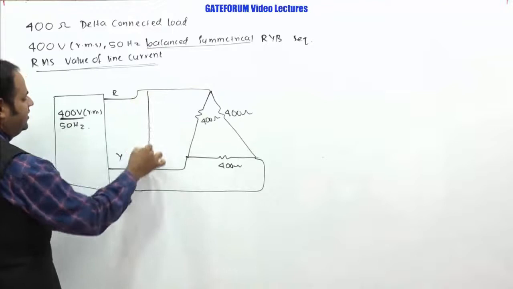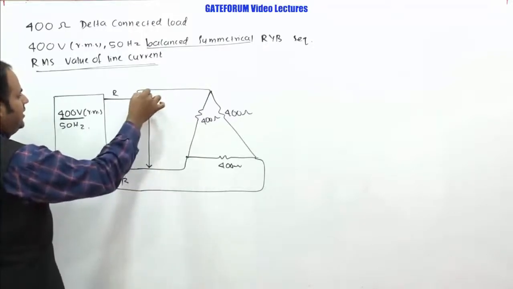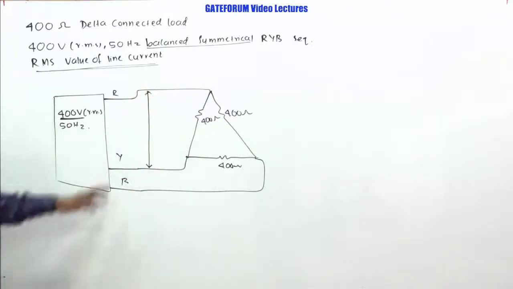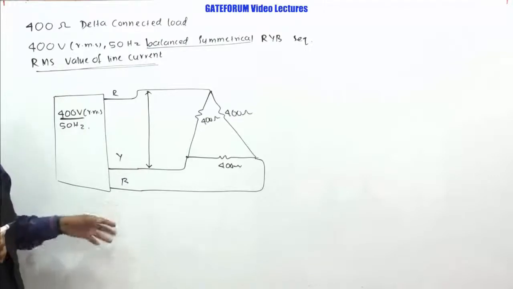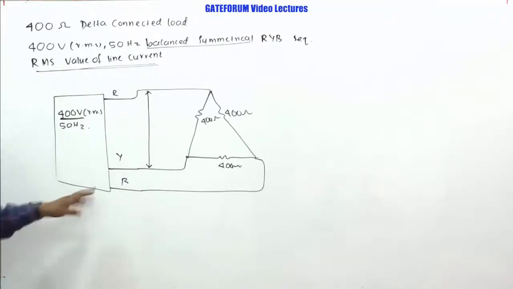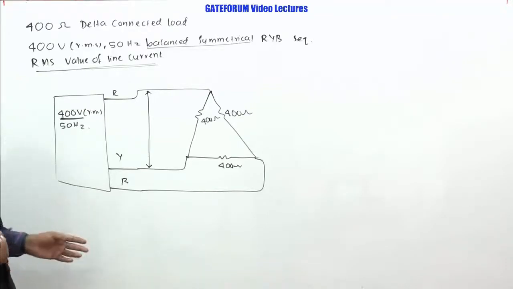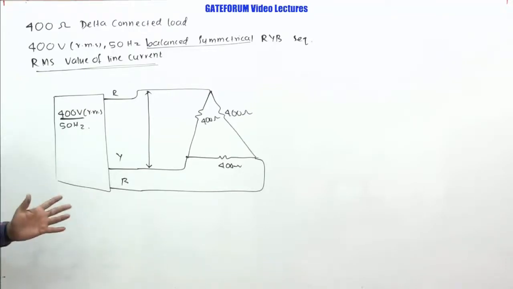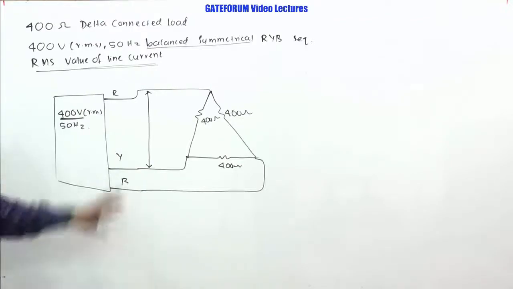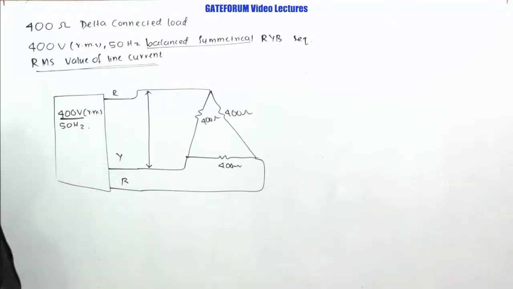So you can take any two lines. For example I have taken RY, you can take YB or BR, any line. It's obvious that the magnitudes of phase currents will be the same, only the phase will vary, which we have to be careful about, but the magnitude is very straightforward.